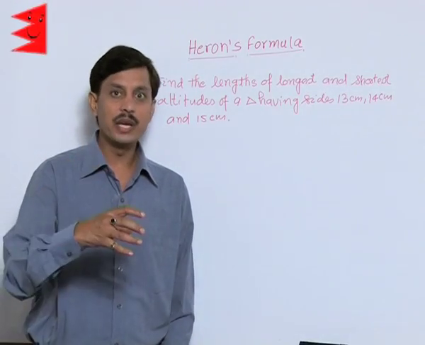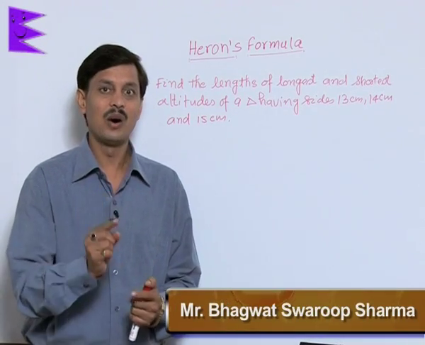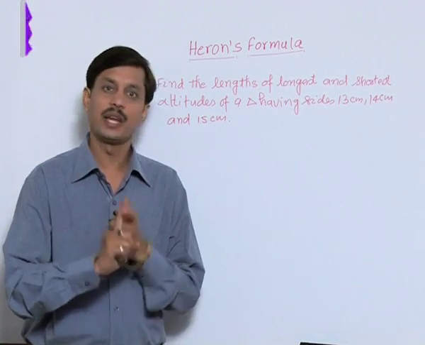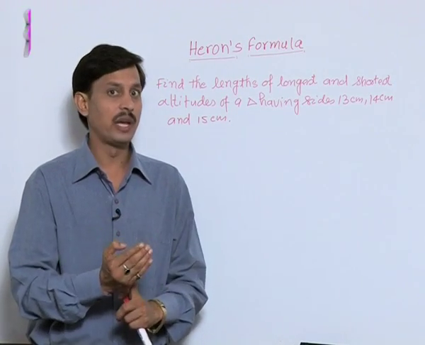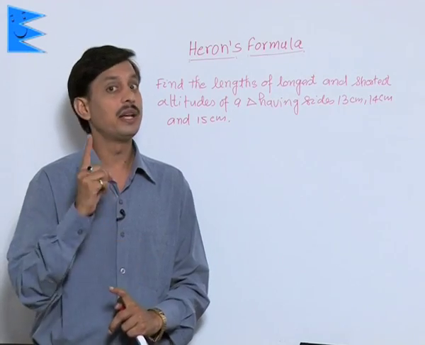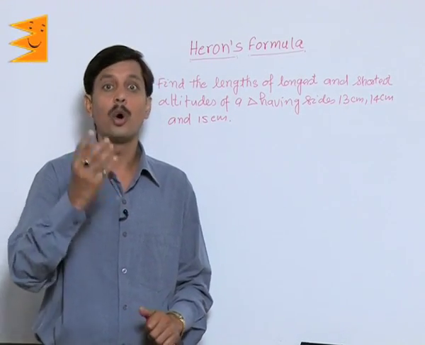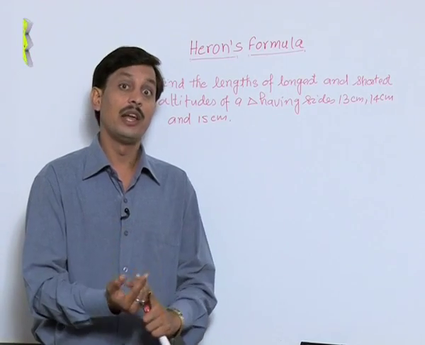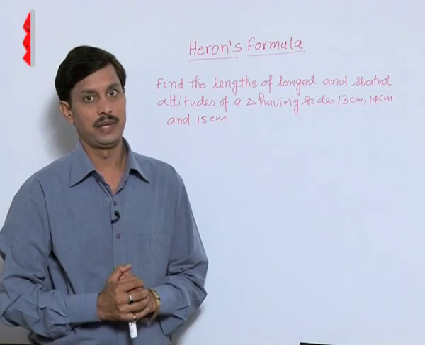Now the application of Heron's formula may be extended. How? With the help of Heron's formula we can calculate the area, and after the area, since a triangle has three vertices, we can calculate the lengths of the three altitudes, that is the lengths of perpendiculars drawn from a vertex to the opposite side.